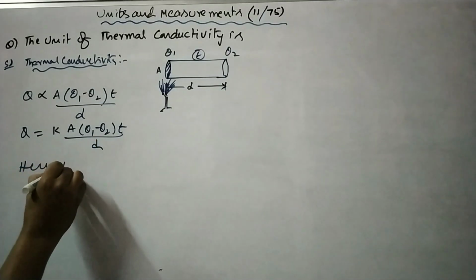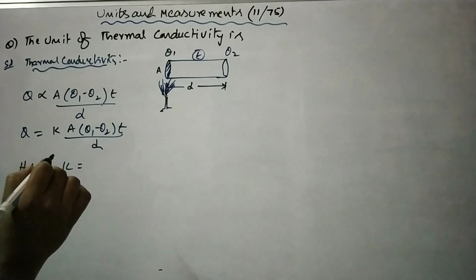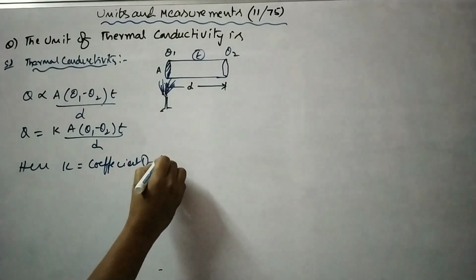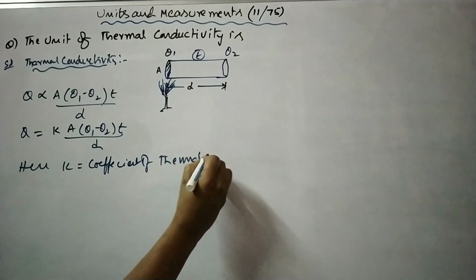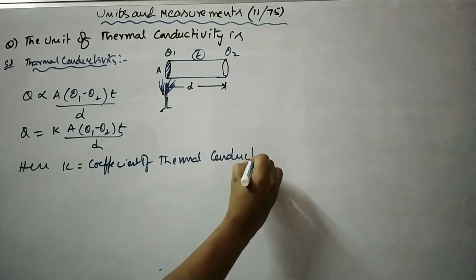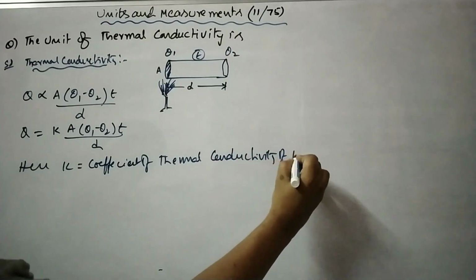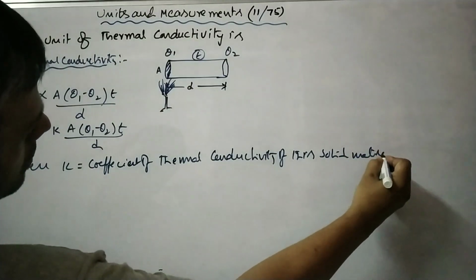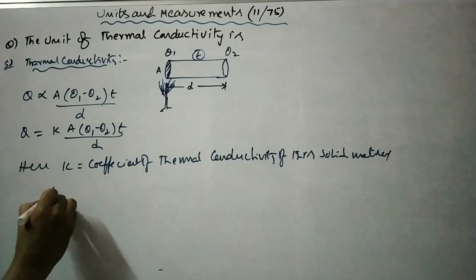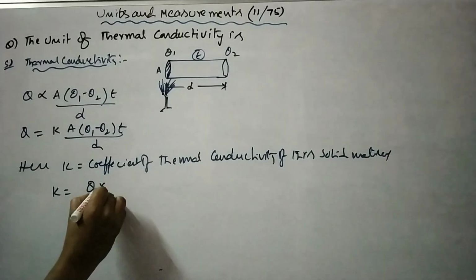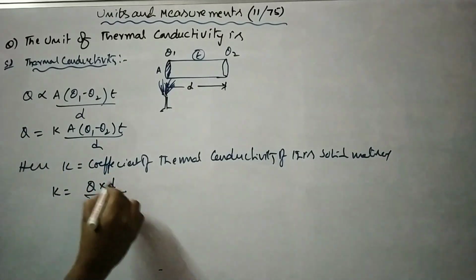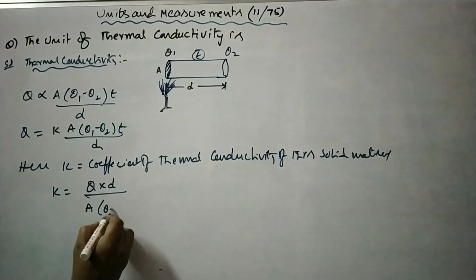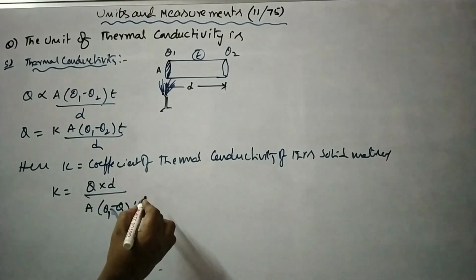Here K is called the coefficient of thermal conductivity of this solid material. Therefore K is equal to Q into d by A into theta 1 minus theta 2 into t.